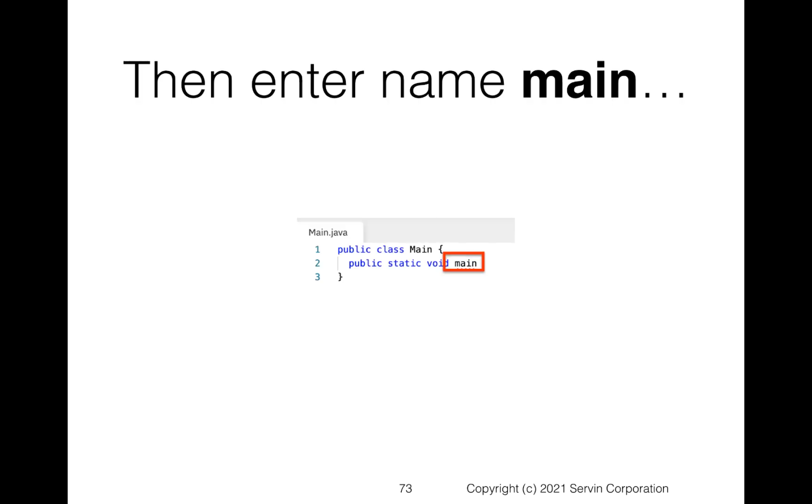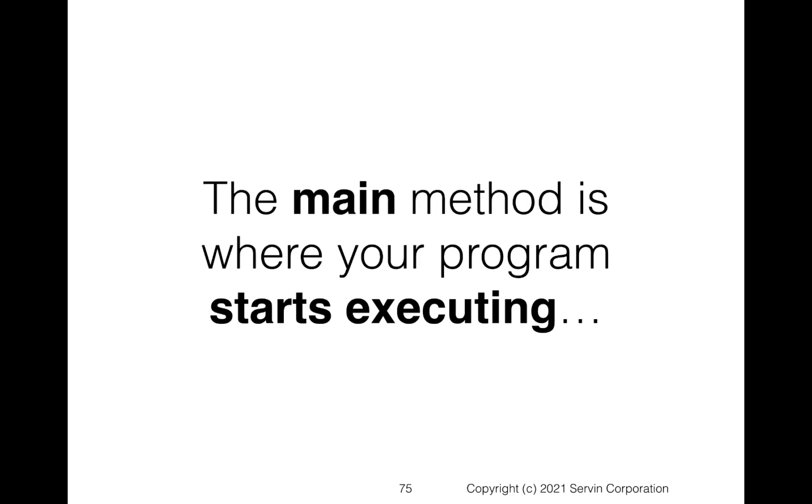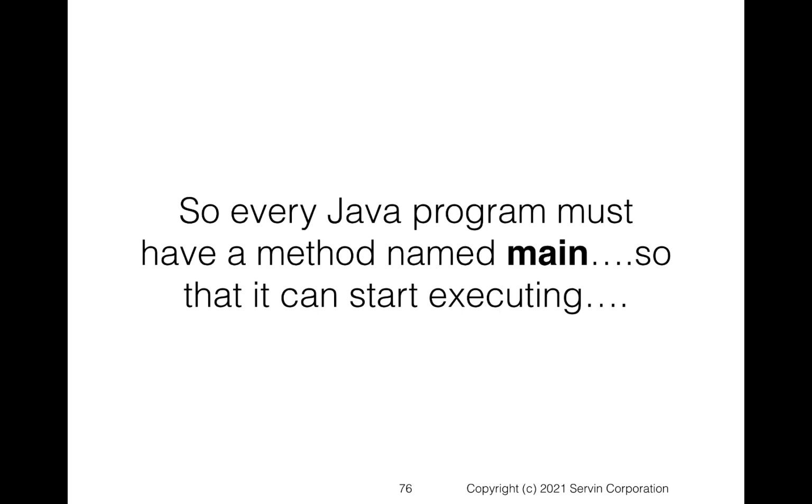Then we enter main. The word main is not a Java reserved word. It's just the name of our method. And in this case, we're calling it main. And notice we're spelling it lowercase main. The main method is where your program starts executing. So every Java program must have a method named main. And that is where it starts executing.